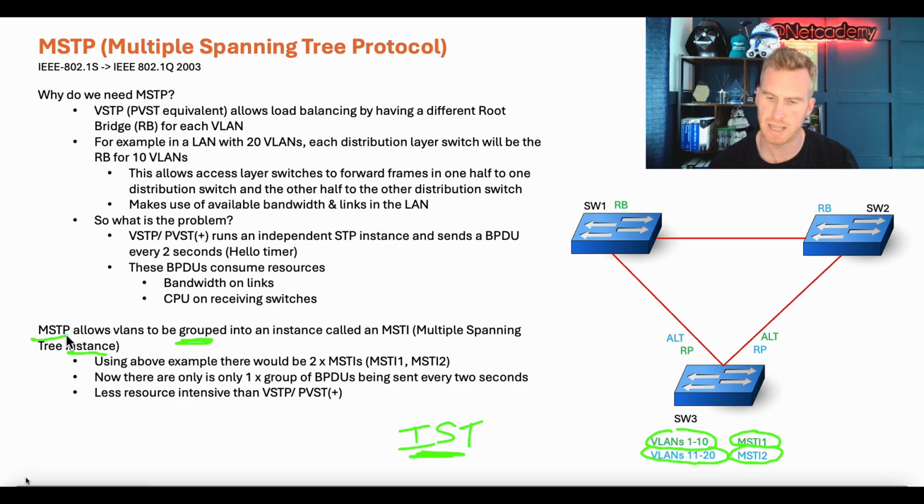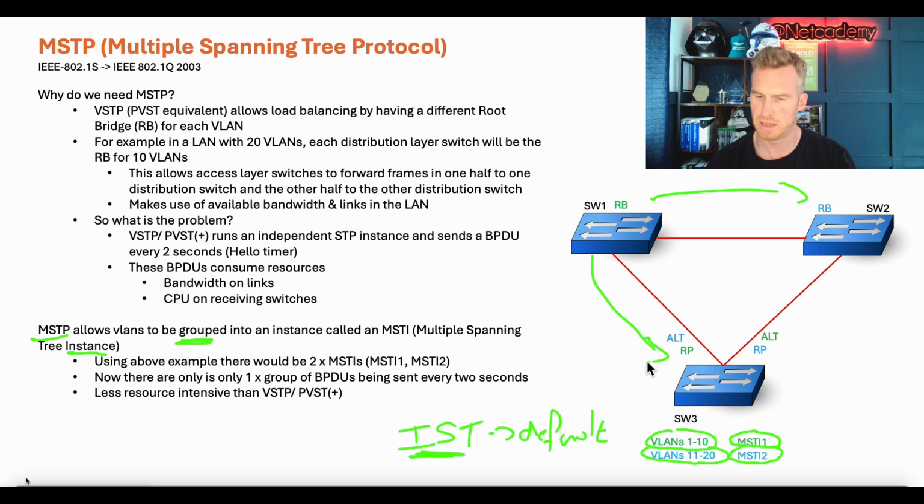This CIST, which is configured by default, will send out those BPDUs, and the benefit of that is instead of having a BPDU for every single VLAN, now you have only one instance sending out that BPDU for all VLANs.